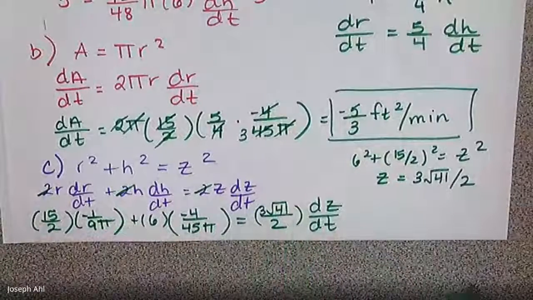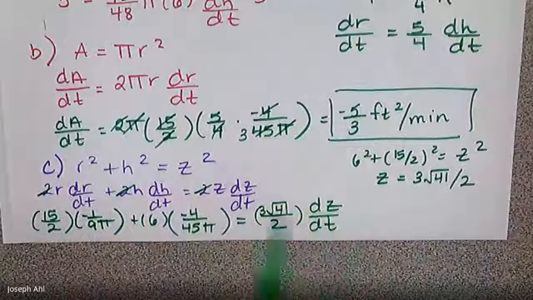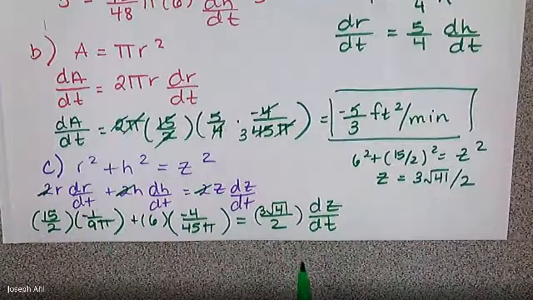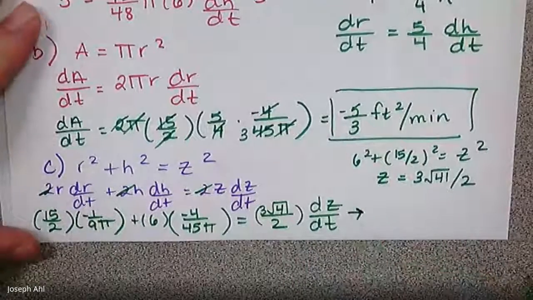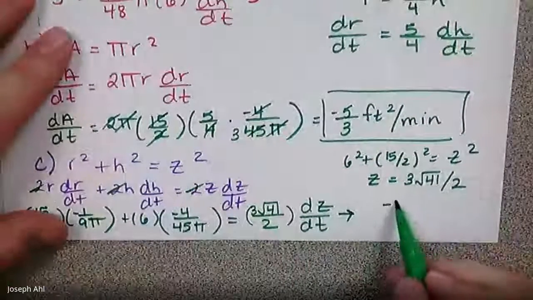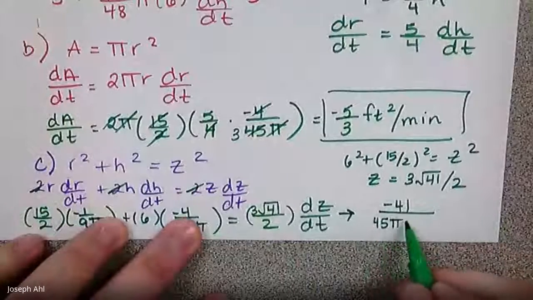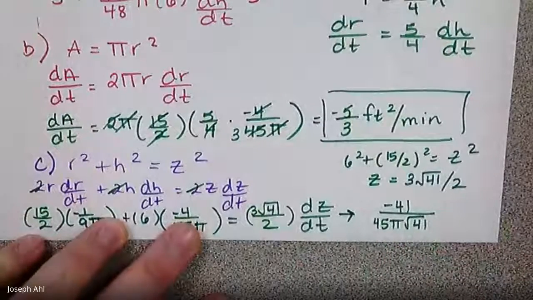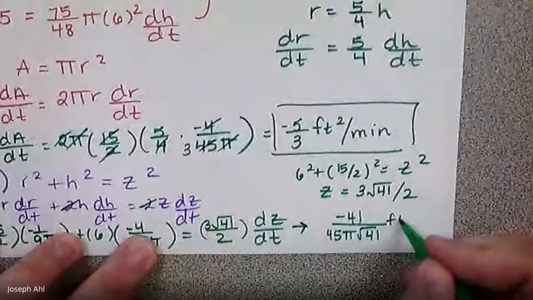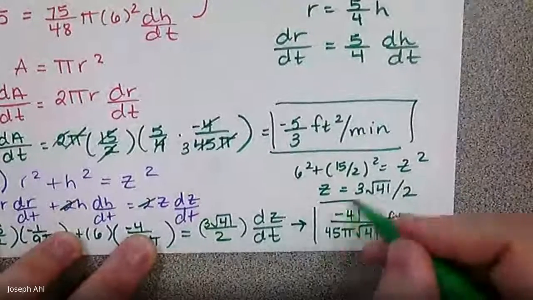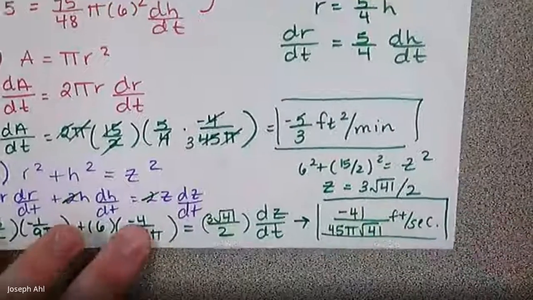When everything is cleaned up and simplified and you move this over to the other side and get dz/dt alone, dz/dt winds up equaling negative 41 over 45π√41. It's a lovely rate, isn't it? And that's in feet per second. So that's the rate at which the water is sliding down the side of the tank.